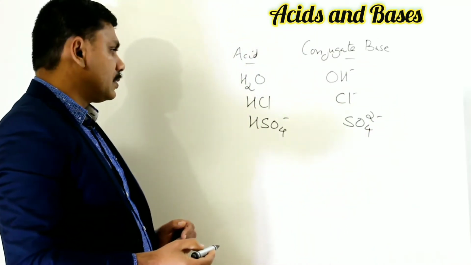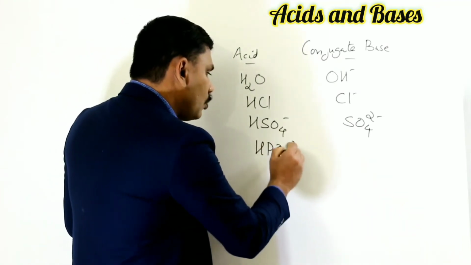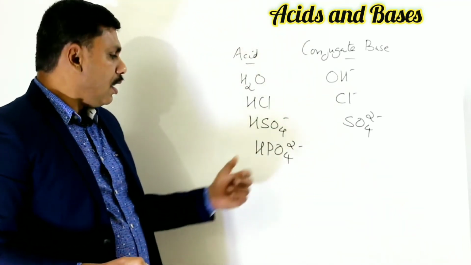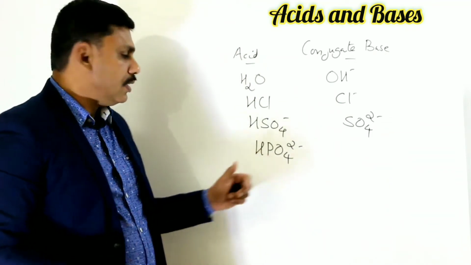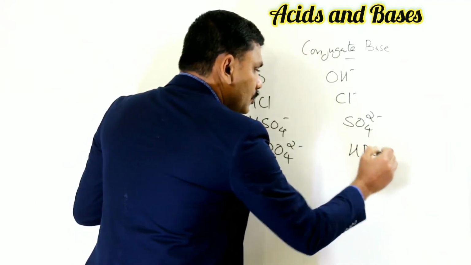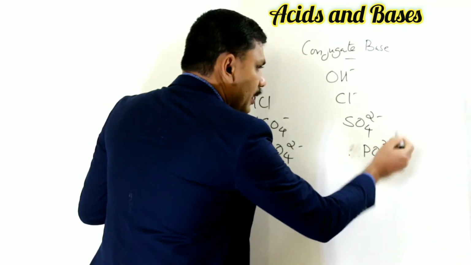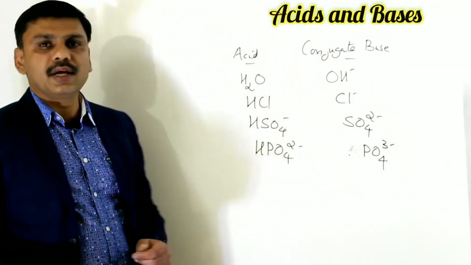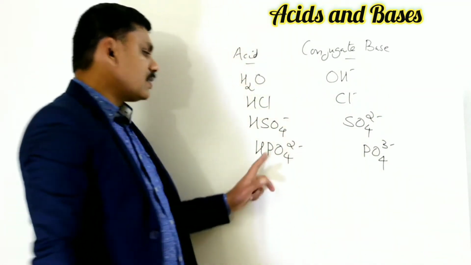SO4 2 minus. Another example, HPO4 2 minus. How can you produce the conjugate base of this acid? You will get PO4 3 minus. So you will get the conjugate base of this acid.